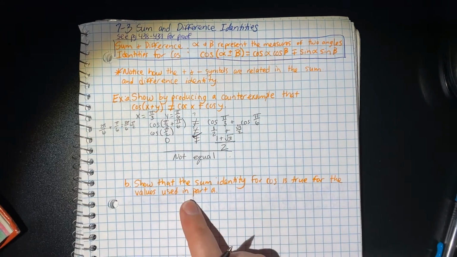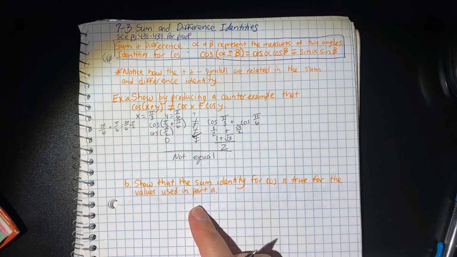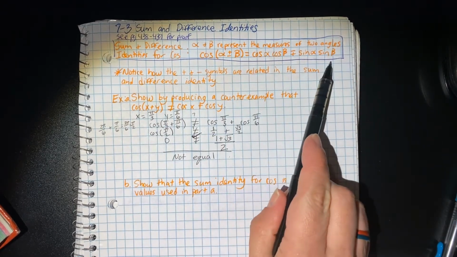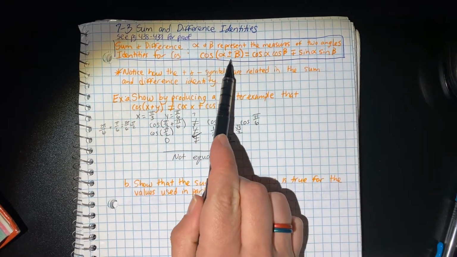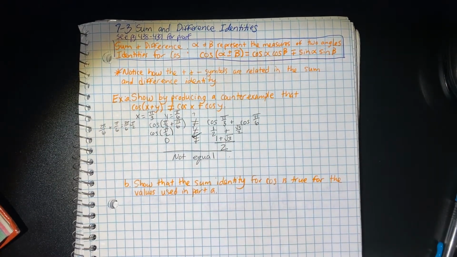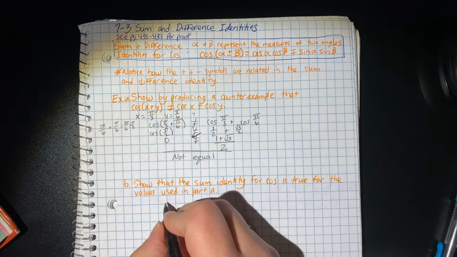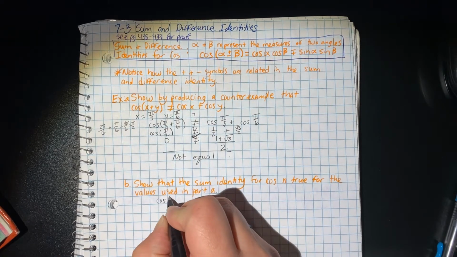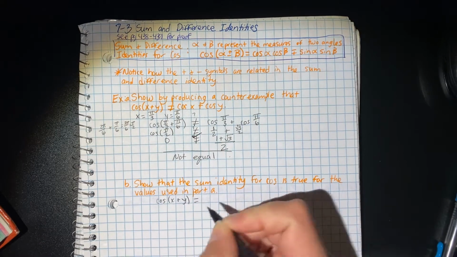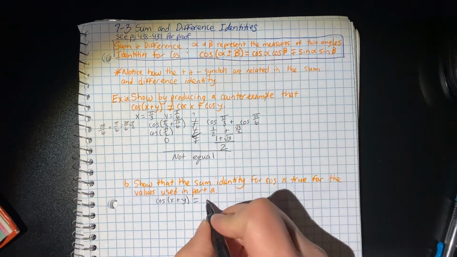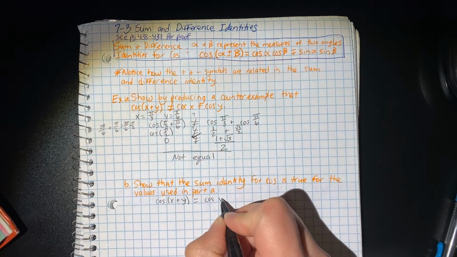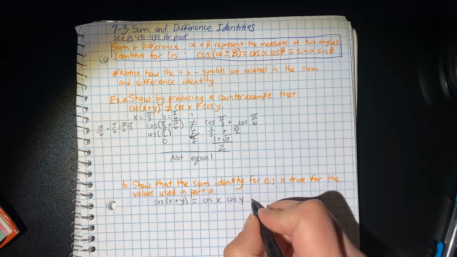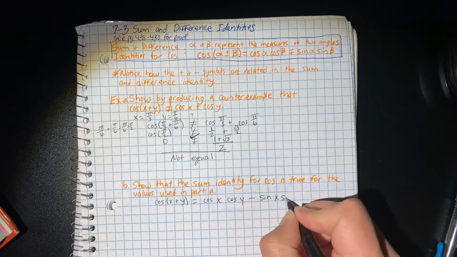The next question says, show that the sum identity for cosine is true for the values used in part A. What it wants us to do is take the cosine identity and, using this, prove that it's true. So pretty much just checking it. The cosine of x plus y equals, remember we're doing the top one, the cos of x cos y minus sine x sine y.